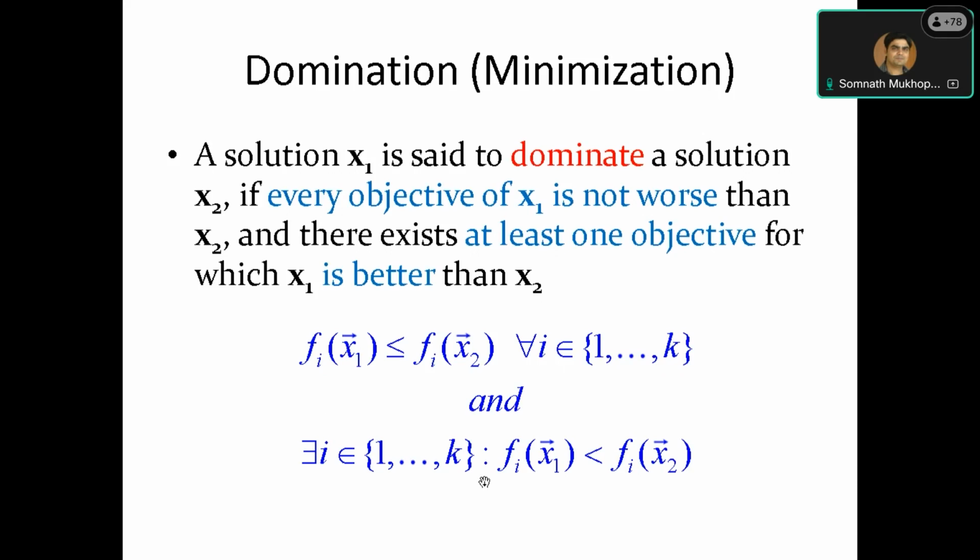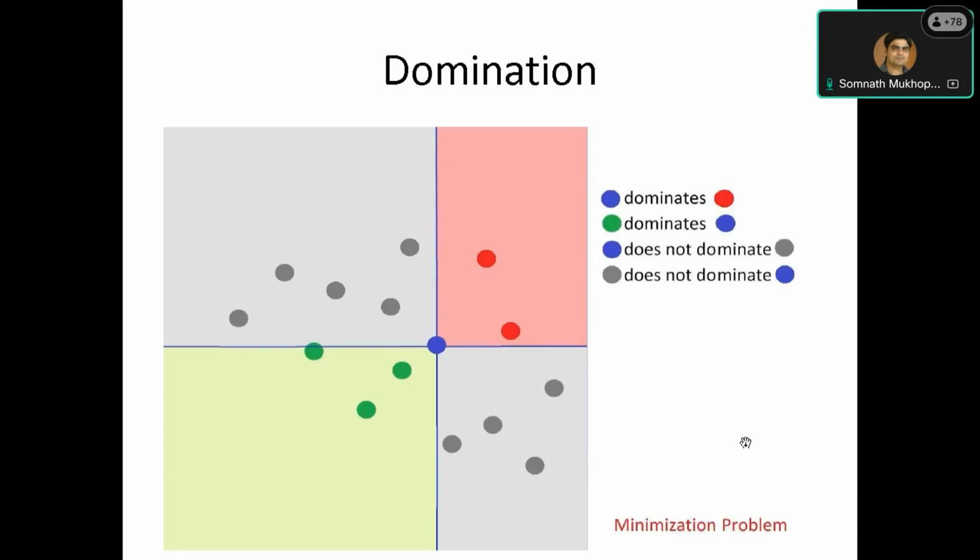So in one case, one solution is better than the other solution for all i, for all values of the fitness, and there is a particular i for which this solution is strictly better than the other. Then we can say solution x1 dominates solution x2.